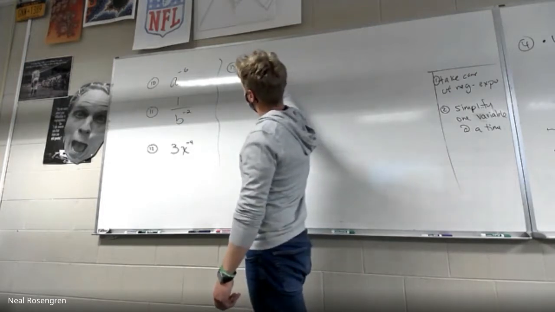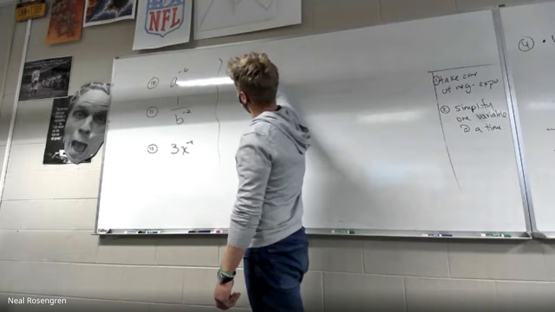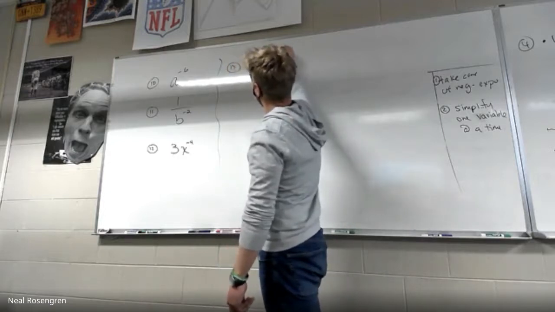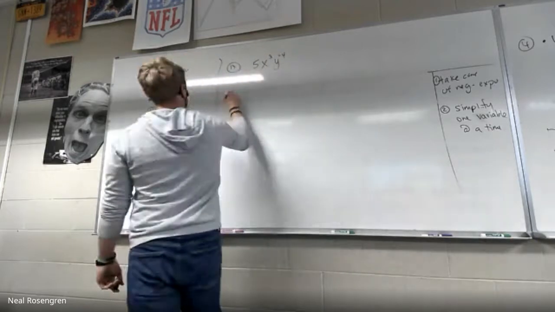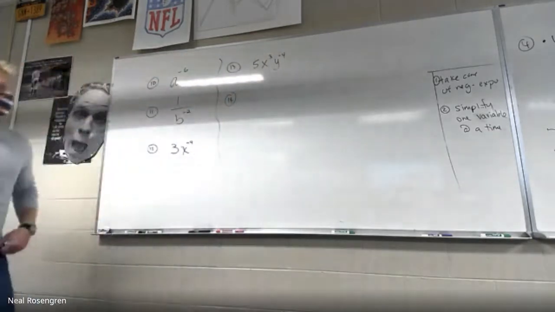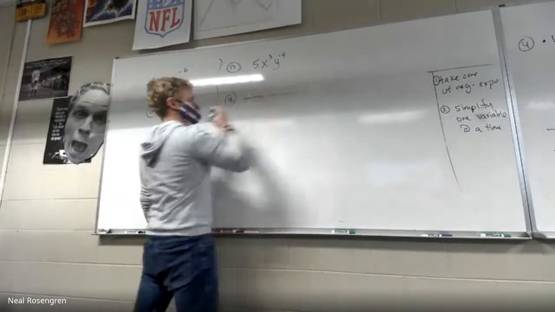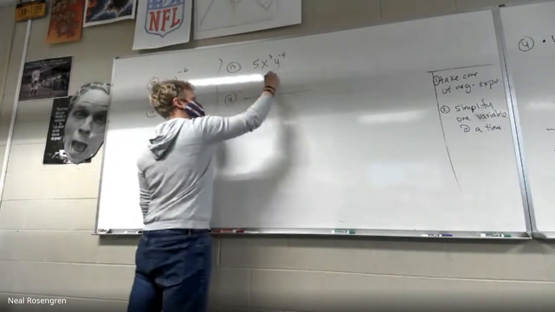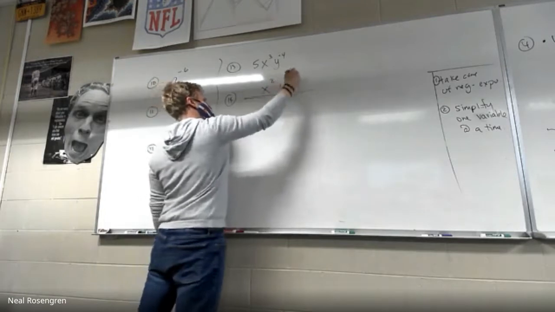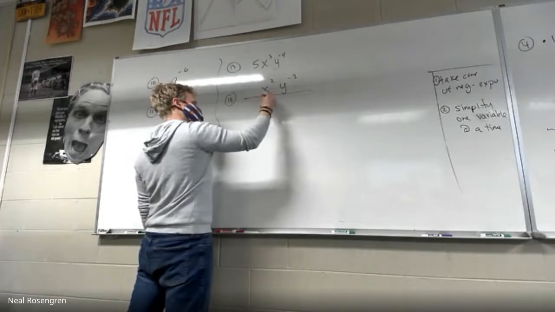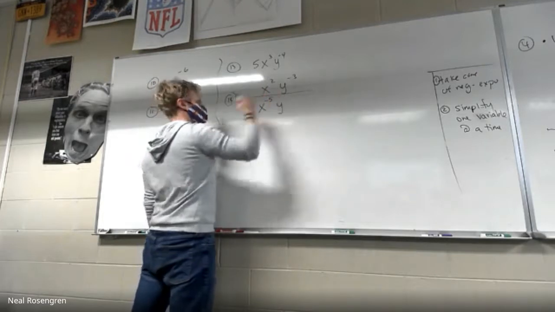Where should we go? 5x to the 3rd, y to the negative. That's a good one. And then a couple big ones. X squared, y to the negative 3rd, x to the negative 5th, y.